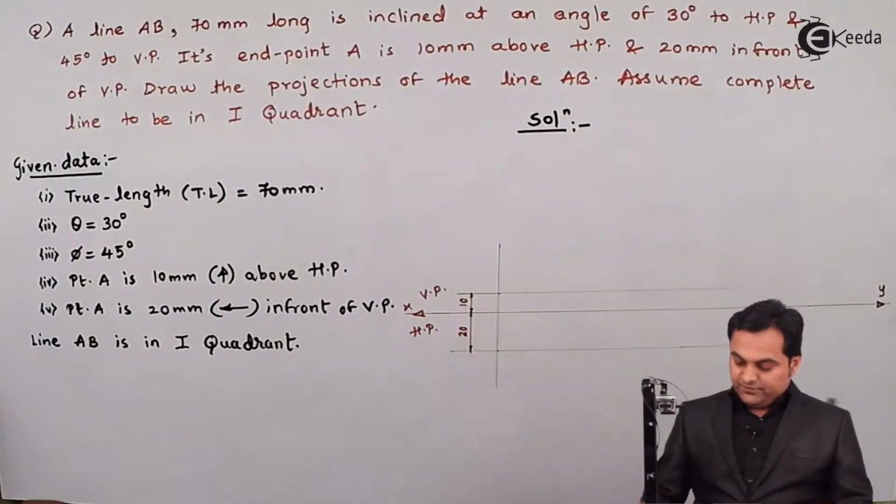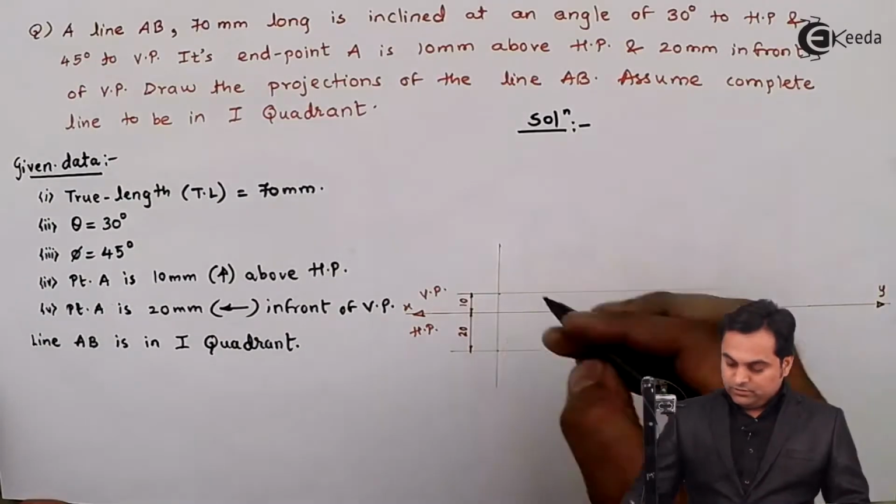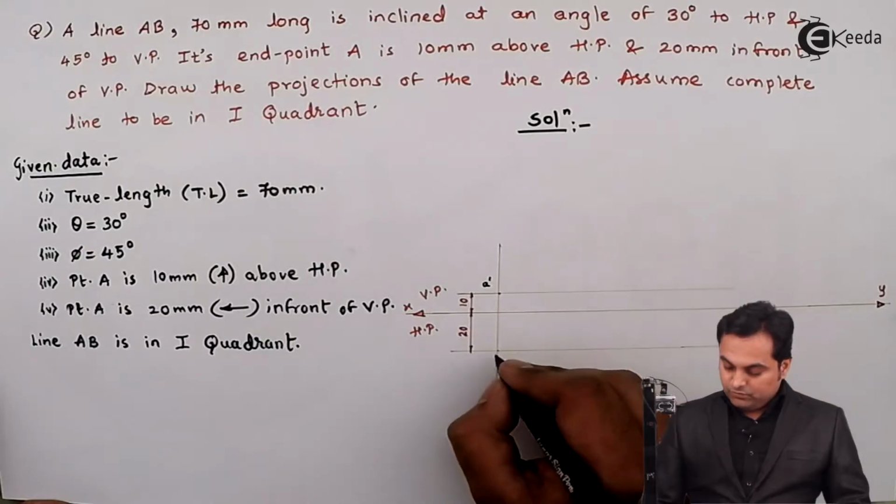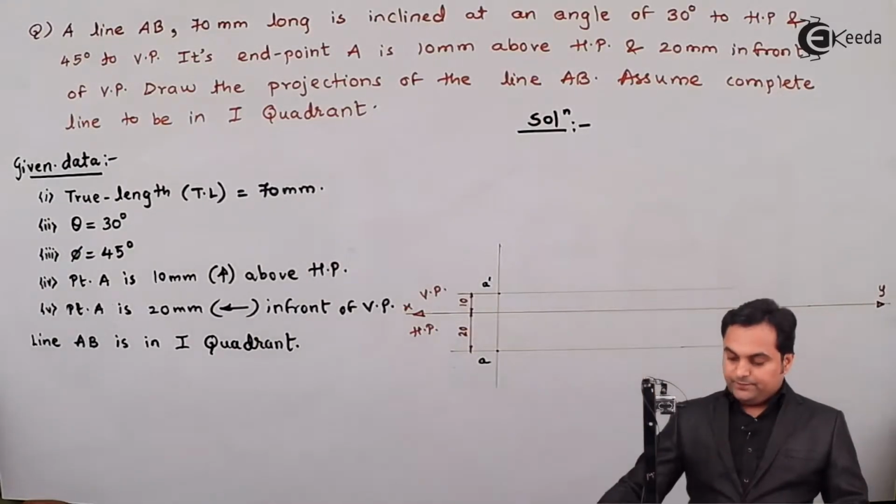Ten mm above HP and 20 mm in front of VP. So this will be called as point A dash in the front view. In the top view, point A.